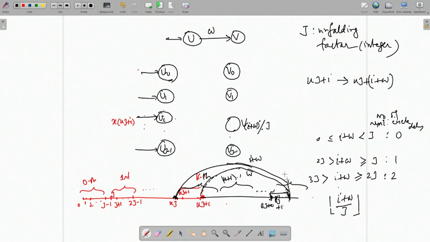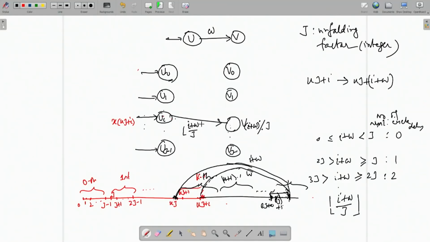So, this much is the remainder of I plus W by J division. This remainder is the index: V0 for here, V1 for here, V of whatever it is, I plus W percentage J, that is the processor taking data from Ui. And there will be a system cycle delay of this much amount.